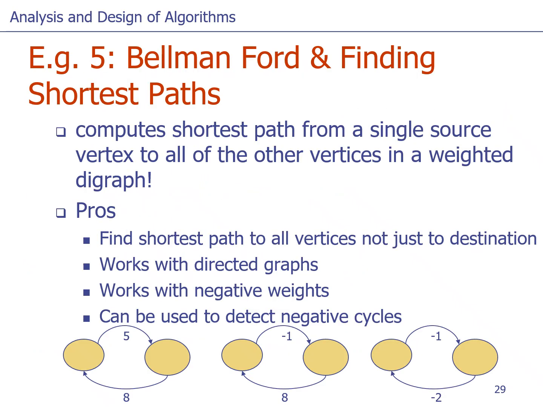The next example we're going to look at is the Bellman-Ford algorithm for finding the shortest path in a graph. In fact, it does something very interesting. It will find us, starting from a specific vertex, all the shortest paths to all the vertices in the graph. So it's a very interesting algorithm.